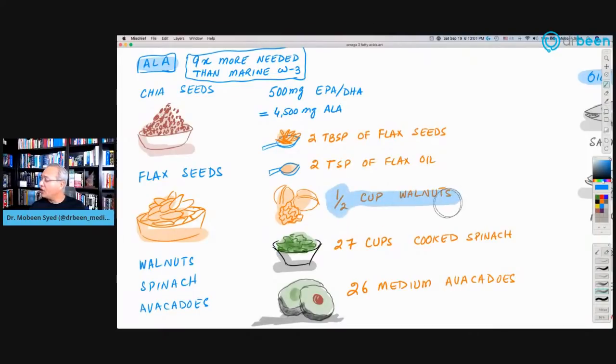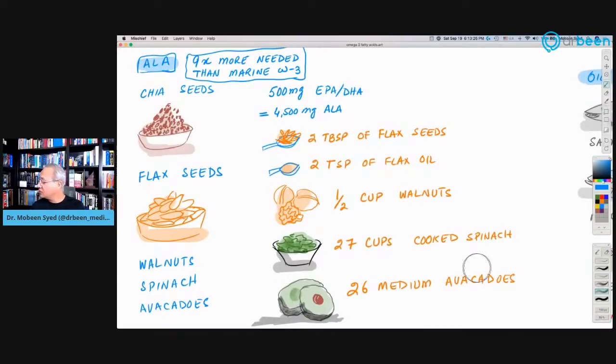Half a cup of walnuts is sufficient for daily ALA intake. 27 cups of cooked spinach daily is sufficient for that. So either you take 2 tablespoons of flax seeds, or for the same amount of ALA, you need 27 cups of cooked spinach daily.